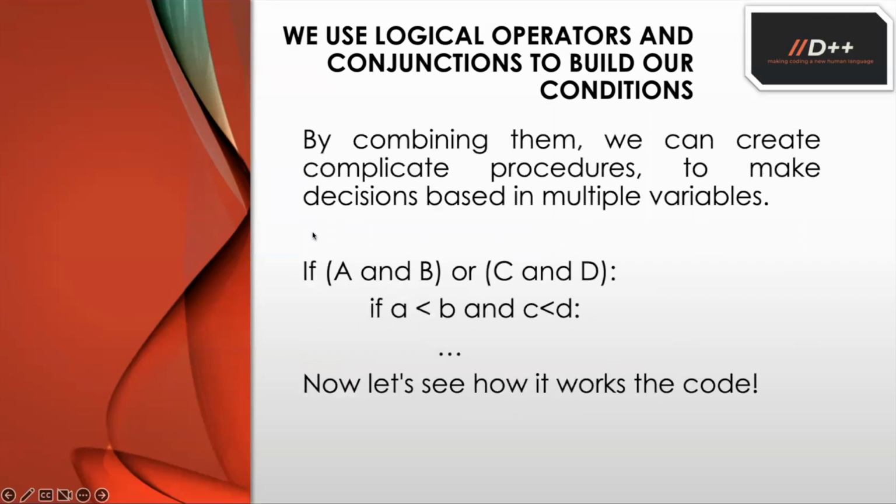First I check if a condition is true, then within that condition I can check if other conditions are met, and so on and so forth. So I can create really complicated logical structures that will allow me to make, let's say, intelligent decisions in the future. We're going to see this in the code right now.